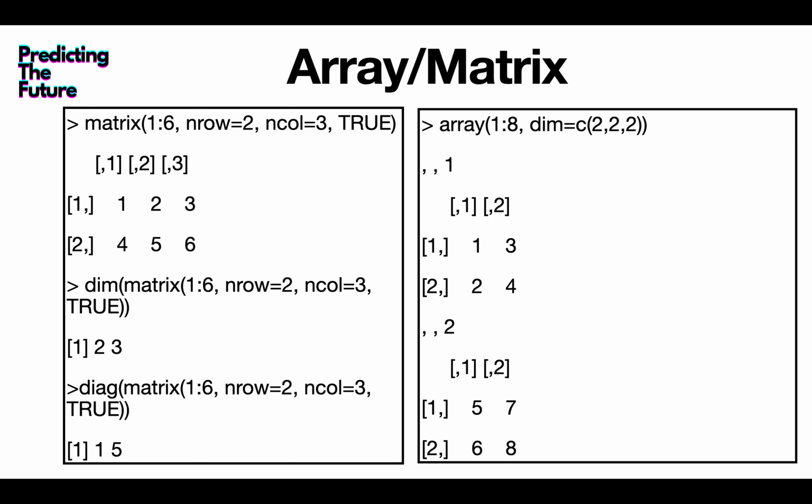For a matrix, we can also get the dimension using the dim function, which gives us a vector telling us the dimension of this matrix. We can also get the diagonal elements of the matrix using the diag function.